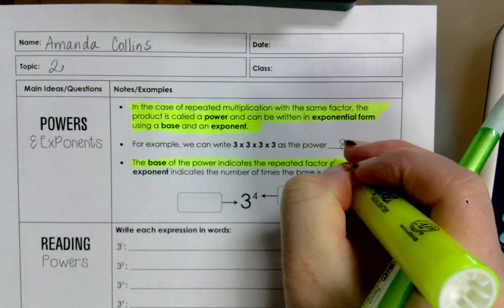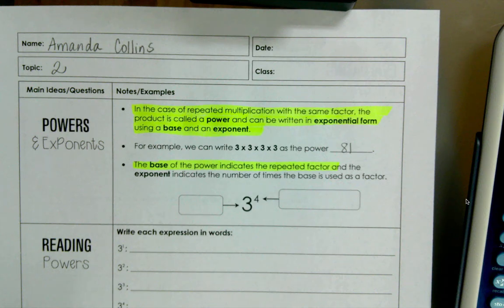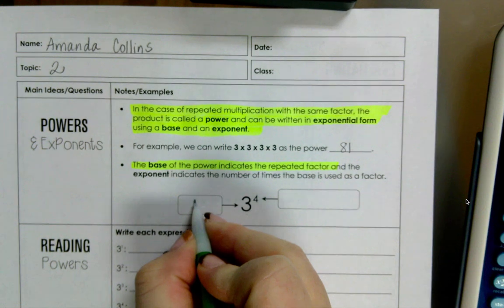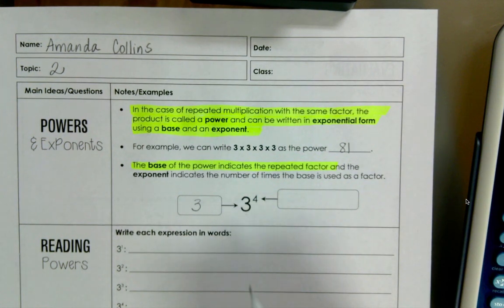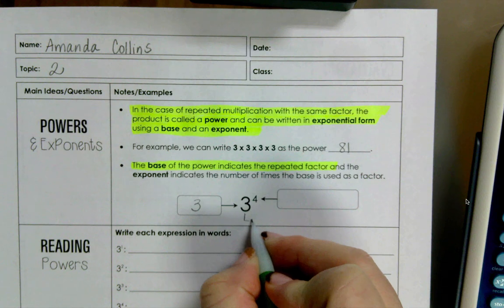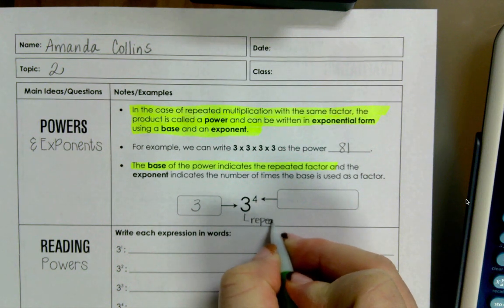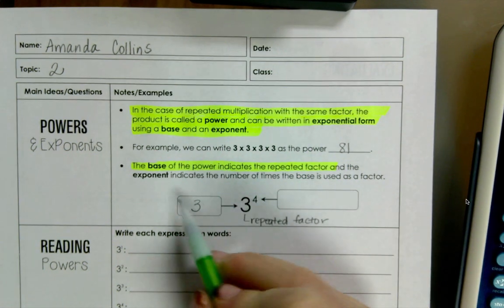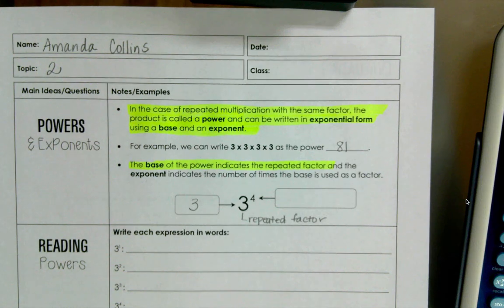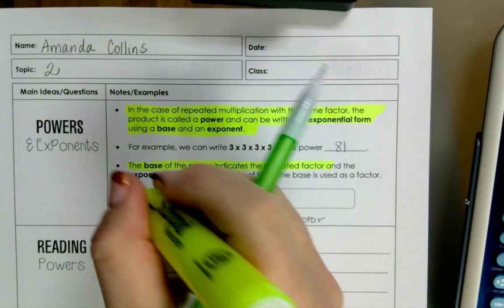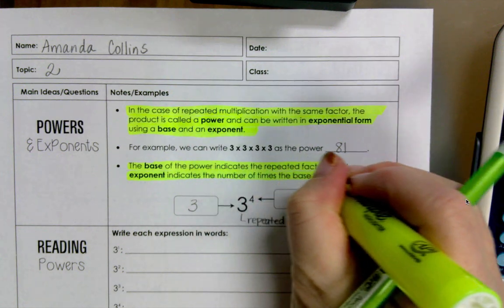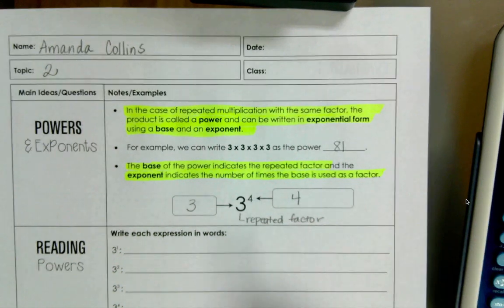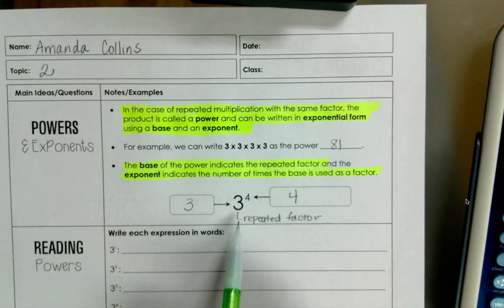Now the base, think about base, it's the bottom, right? It's what holds something up. So in this case, 3 is my base. It's also my repeated factor. Okay. 4, the exponent indicates the number of times the base is used as a factor. So 4 is my exponent. So what I want you to understand, this is the same thing as this.